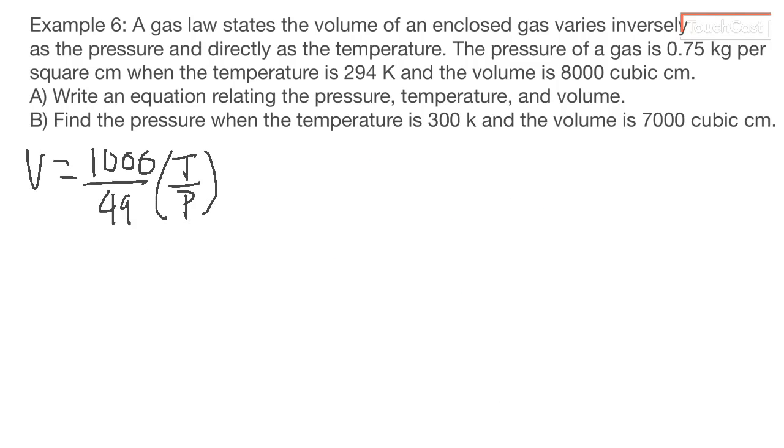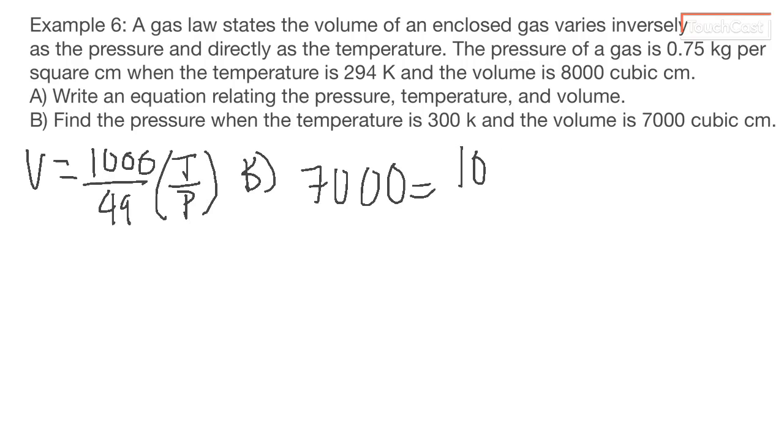So in part B, what we want to do is find the pressure when the temperature is 300 Kelvin and the volume is 7,000 cubic centimeters. Let's put in what we know. We know that the volume is 7,000.